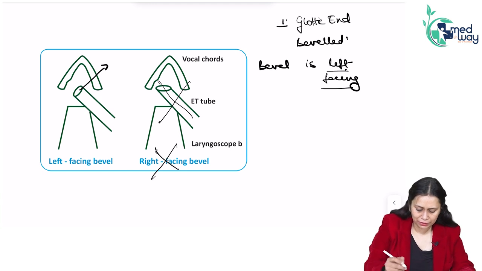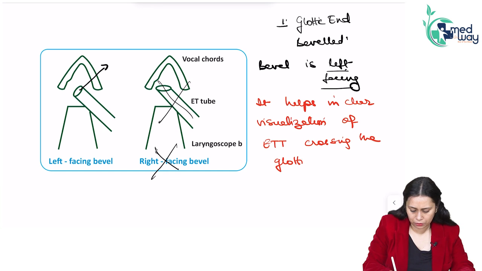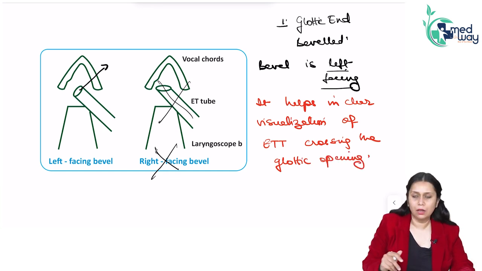Why do we have a beveled end? It helps in clear visualization of the ET tube crossing the glottic opening, okay? So remember about the bevel end, okay?